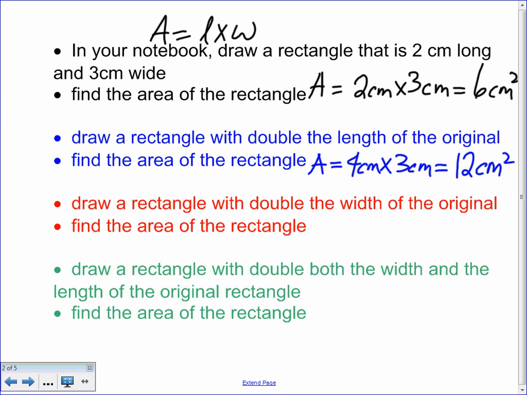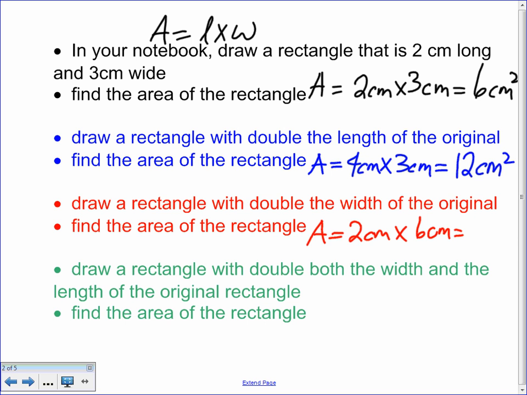This time draw a rectangle with double the width of the original and leave the length the same, and find the area. In this rectangle, our area equals length times width. We've left the original length, 2 centimeters, and we've doubled the width to 6 centimeters.